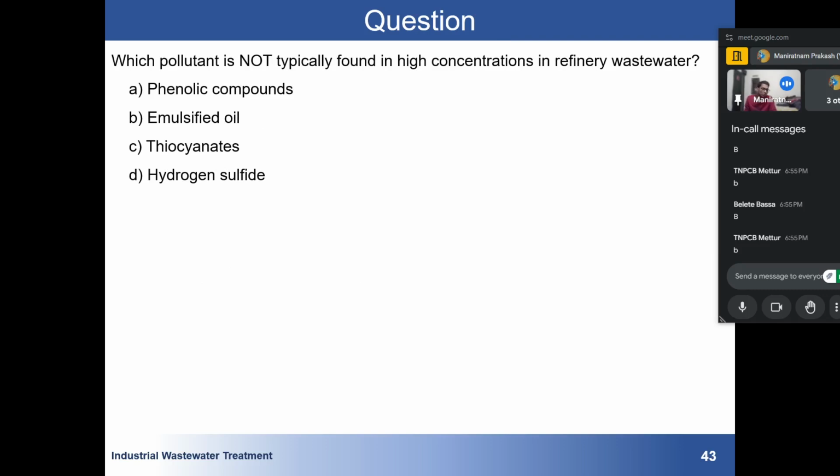Which pollutant is not typically found in high concentration in refinery wastewater? Again, a very easy question.